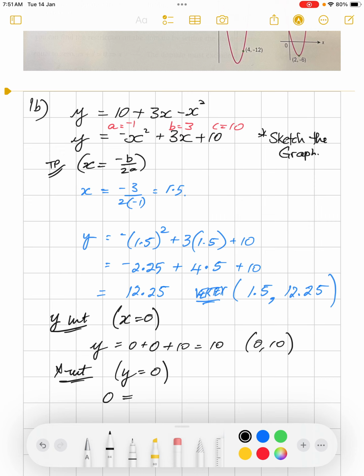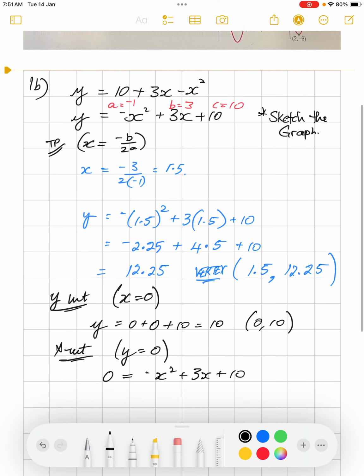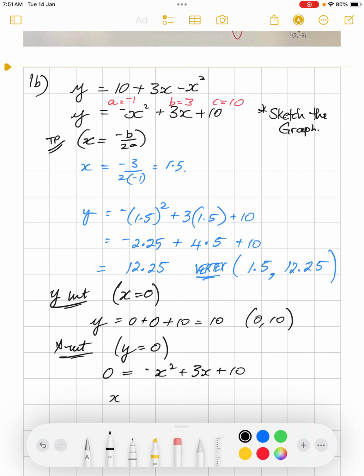So we've got 0 equals negative x squared plus 3x plus 10. Now this part is not necessary, but to sketch the graph I'll do it. And it is x equals negative b plus or minus the square root of b squared minus 4ac, which is 9 plus 40, so it's like plus 49. That's all over 2a, all over negative 2.